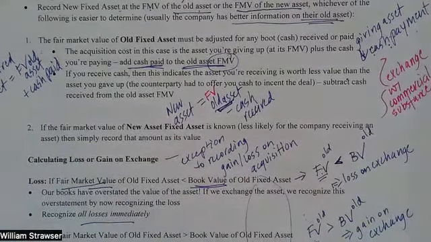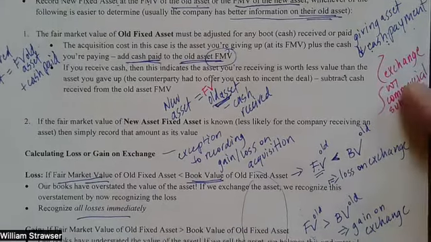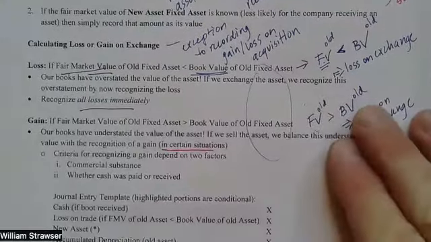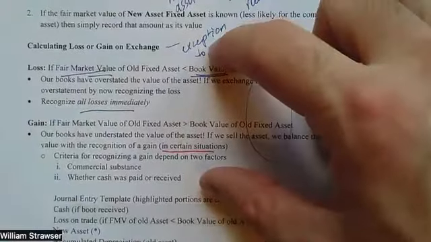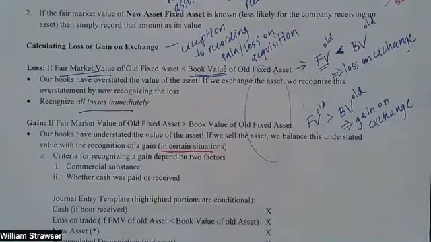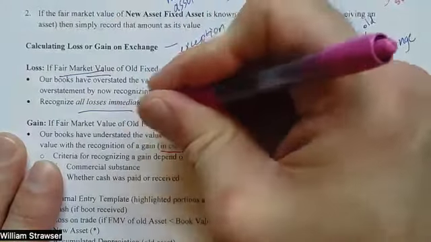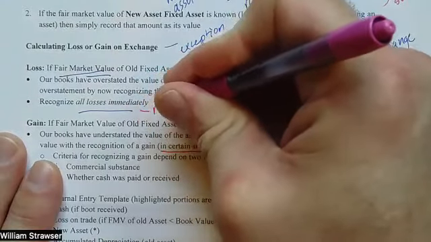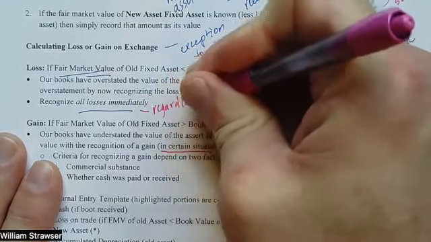And commercial substance plays a role in some of the things that we're going to record. One of the things is that we base our new asset on the fair value of the asset we're giving up. Another place commercial substance comes into play is recognizing a gain or loss on exchange. Now, regardless of commercial substance, we always recognize all losses, and that's regardless of whether there's commercial substance or not.